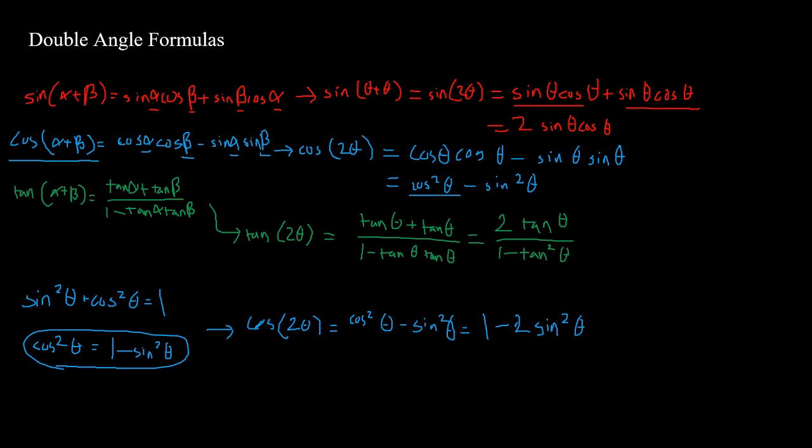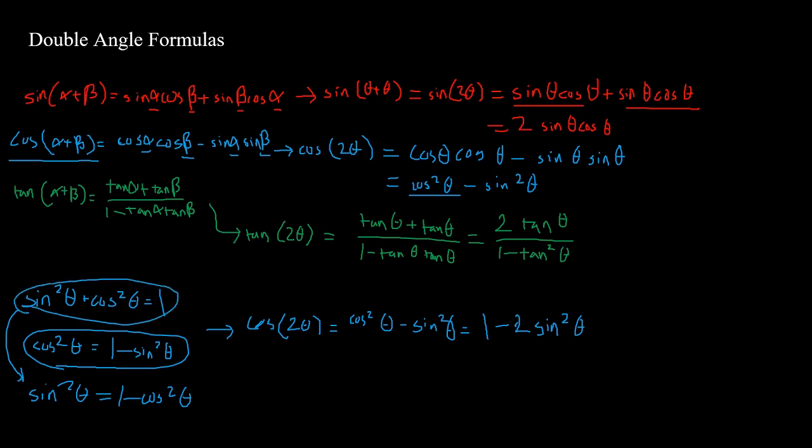And you can also do this the other way around. We also know that sine squared theta is equal to 1 minus cosine squared theta, and we just got this by rearranging this equation.